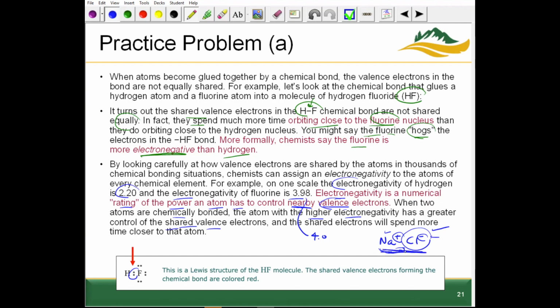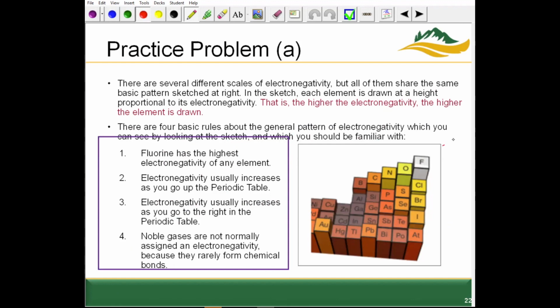So this is the case for ionic bonds. We have been looking at covalent bonds too, and those can have pretty strong electronegativity differences as well. Another way to visualize the relative electronegativities of atoms in the periodic table is here. In this representation, the higher the electronegativity, the higher the element is drawn, sort of in this vertical 3D image.